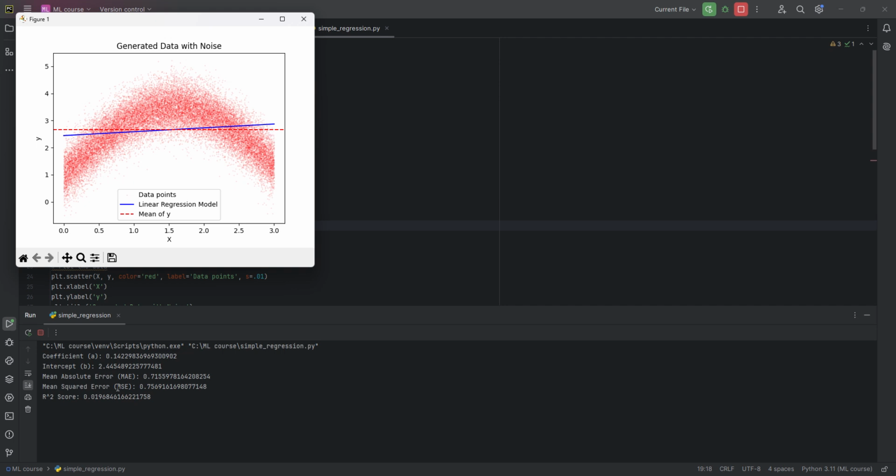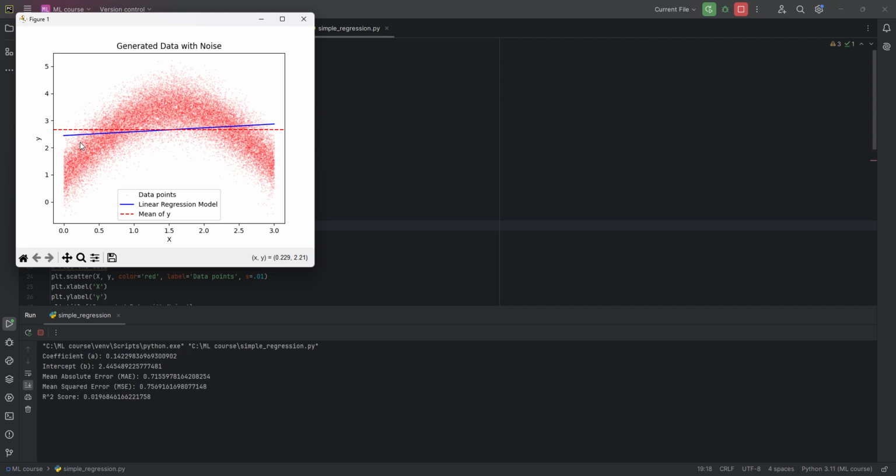You can see from the R square score that this is also not a good fit. So basically from here we can understand the limitation of the linear regression.